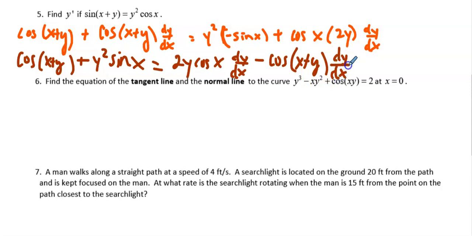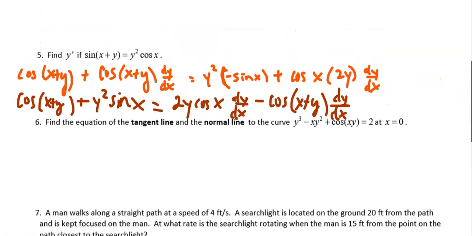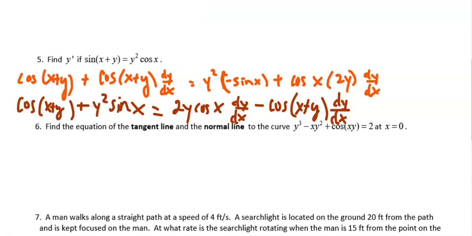So once we have implicitly differentiated, we have two terms once I distribute the cosine of x plus y. Just like in the previous examples, we go ahead and isolate. And just up here at the top, we're going to start simplifying. So we're going to get cosine of x plus y squared sine of x.